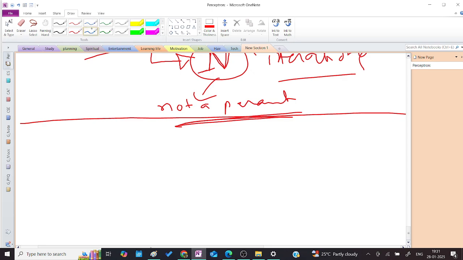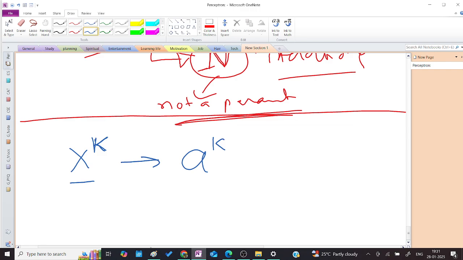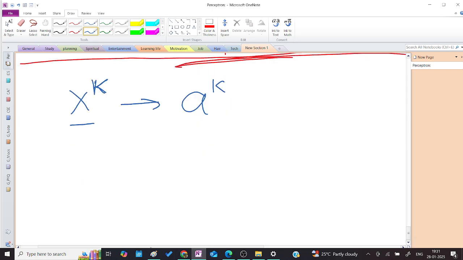So what I was saying is that if I am giving the input xk to the model, we are generating output as ak. So how will we train?